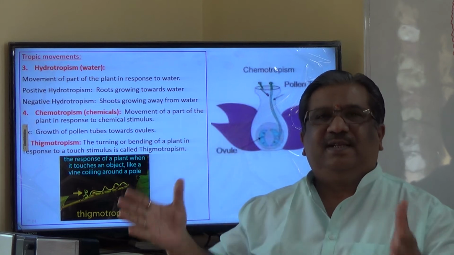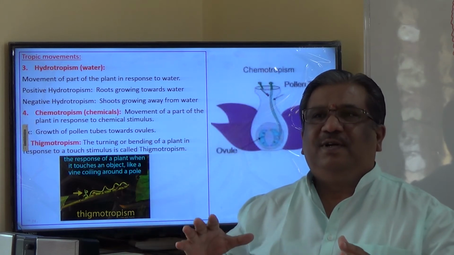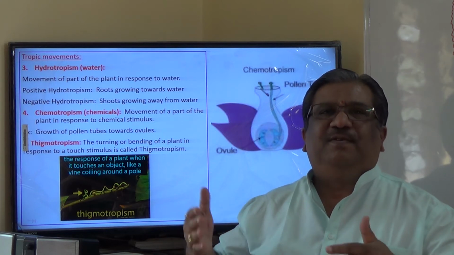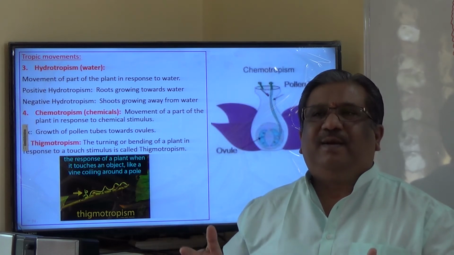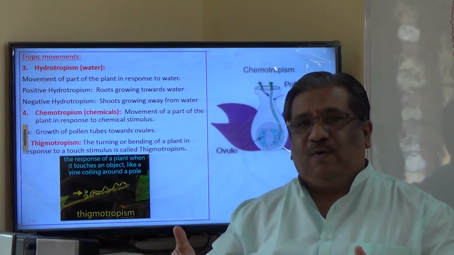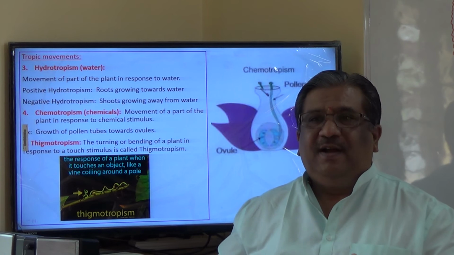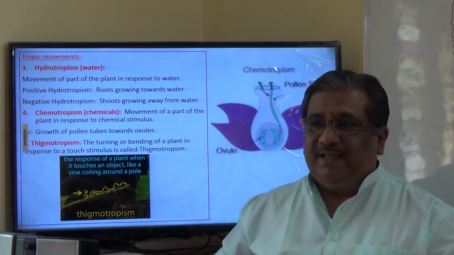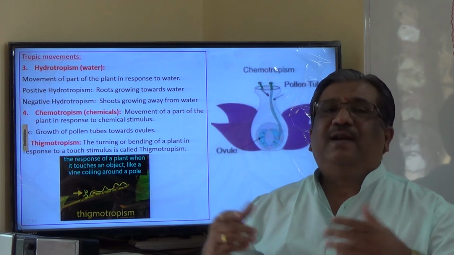Different regions of the plant respond to different stimuli and do their functions of growth, etc., and thereby they coordinate amongst themselves. If the root doesn't grow towards the water, how will the leaves be able to prepare the food? And therefore there exists a control and coordination.